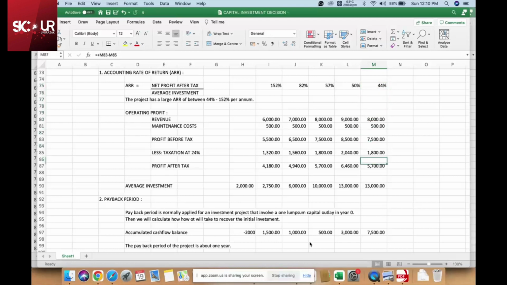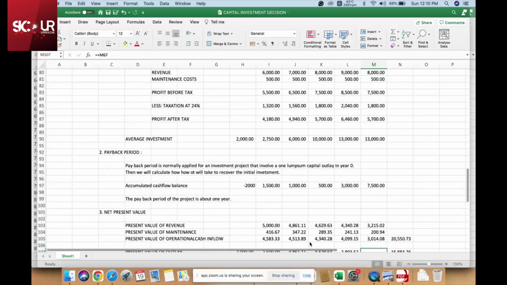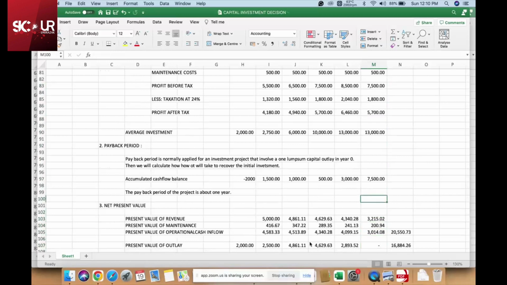Next, we go to payback period, and payback period is normally used when the initial investment is in year zero. If all the initial investment is in year zero, then it is easier to calculate, because you are just working on how to recover this investment in the future years.